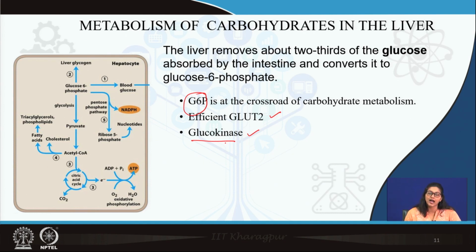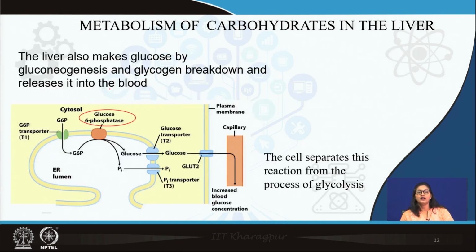So basically, glucose 6-phosphate is formed from phosphorylation of glucose, but this formed glucose 6-phosphate once again undergoes dephosphorylation to form glucose, and that glucose is actually supplied to blood. Now, the important enzyme here is glucose 6-phosphatase.